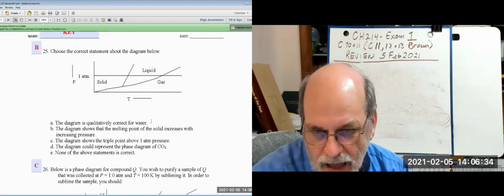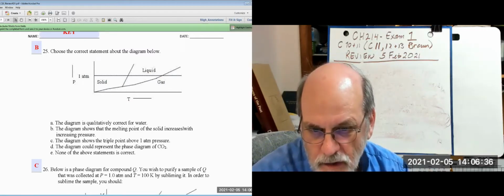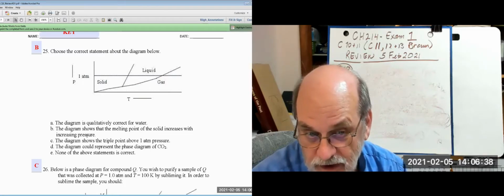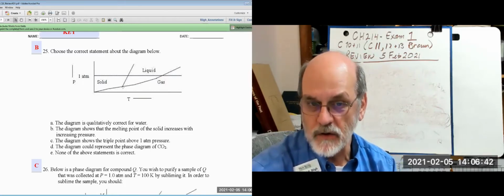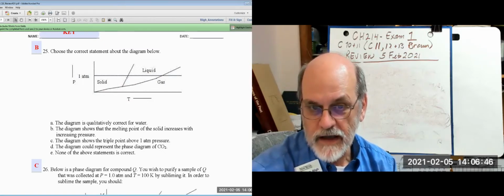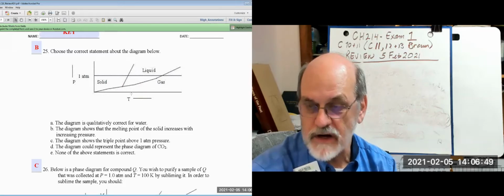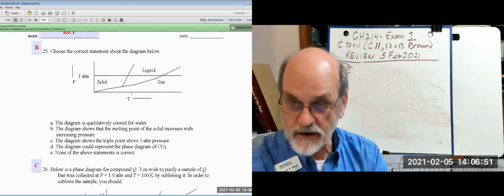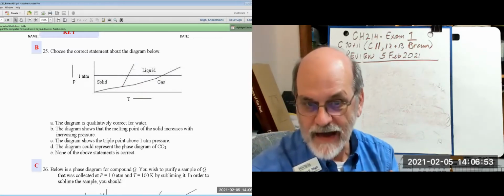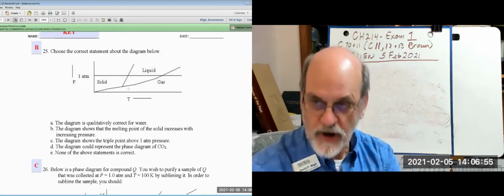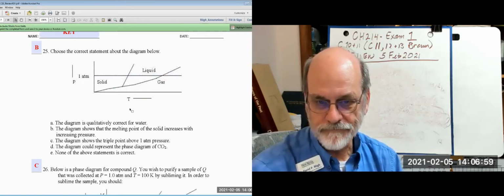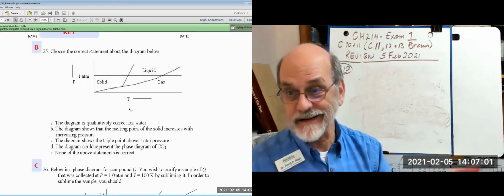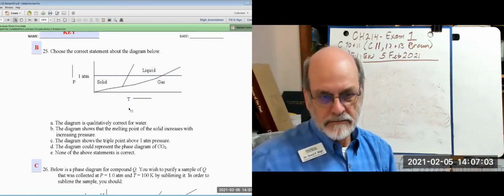So as the pressure increases from here to here, what does T do? Well, if it's here, temperature is there. If the pressure increases to here, the temperature is here. So the temperature does increase on that line as the pressure increases. So B is true. Test-taking technique, we can stop right there.